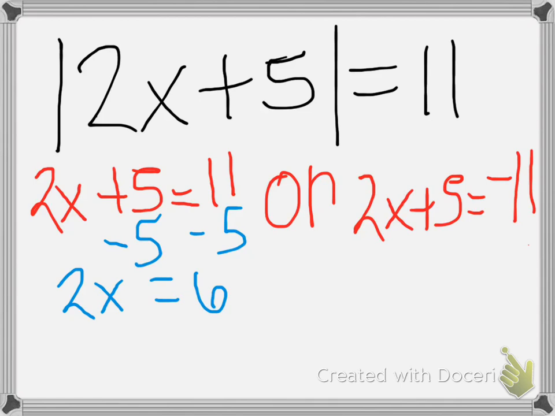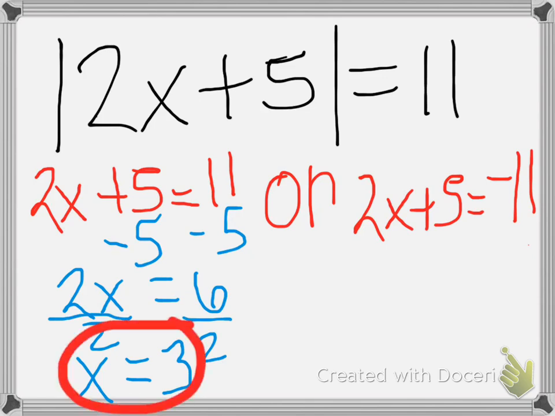And you can see that we're not done yet. We don't have x alone. So what we're going to do is divide both sides by 2. The 2 is going to cancel out on the x side, leaving x alone. And 6 divided by 2 is 3. So we can see that x can be a positive 3.